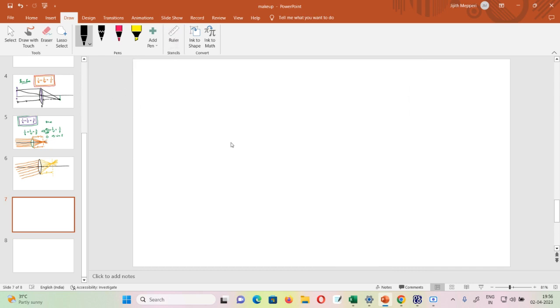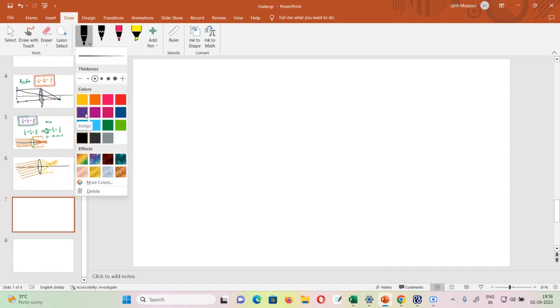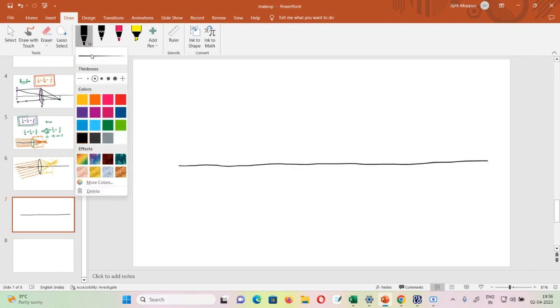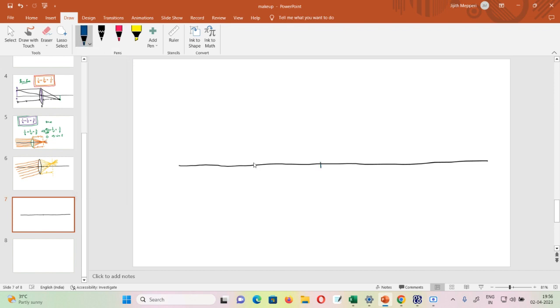So now we can see the other imaging conditions of a convex lens. There are different positions in the case of a convex lens. First we will draw the optic axis, and in the middle of the optic axis we will draw our convex lens.